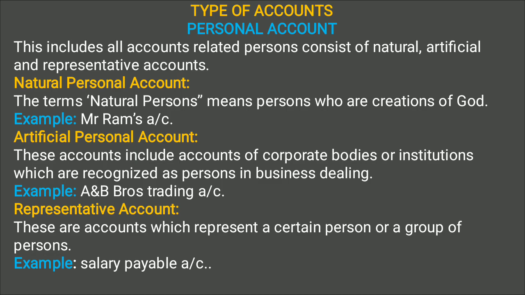As we have already discussed in business studies, all companies are artificial persons because they are registered according to company law. So all companies are part of artificial personal accounts, just like A and B Brothers.